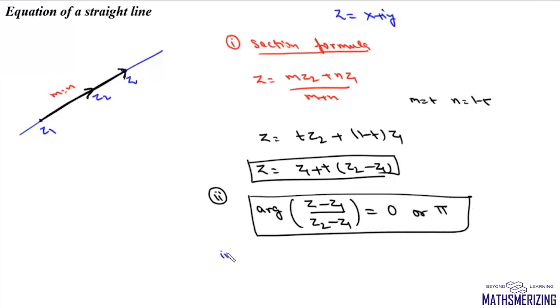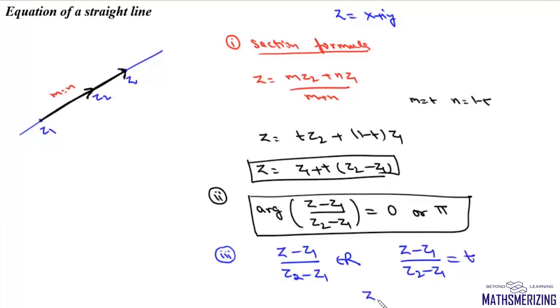So this is the second way to write equation of a straight line. Now we know that if argument of any complex number is 0 or pi, then that complex number is purely real. That means this complex number (z minus z1) upon (z2 minus z1) must be a real number. We can write (z minus z1) upon (z2 minus z1) equal to t.